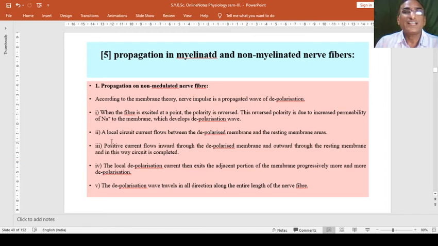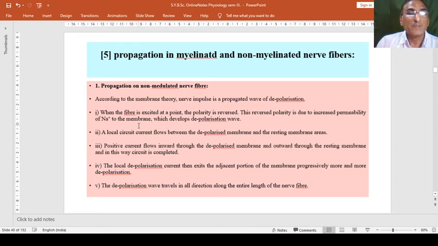Now, according to the type of neuron and its membrane, the theory of nerve impulse movement, its propagation and passage of the waves of depolarization is different.